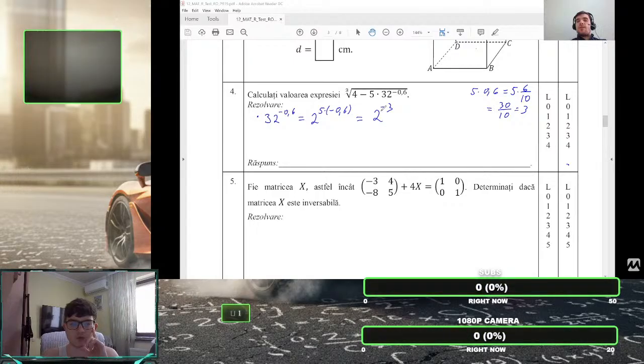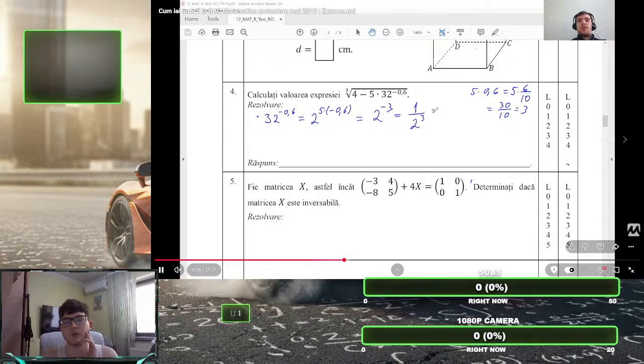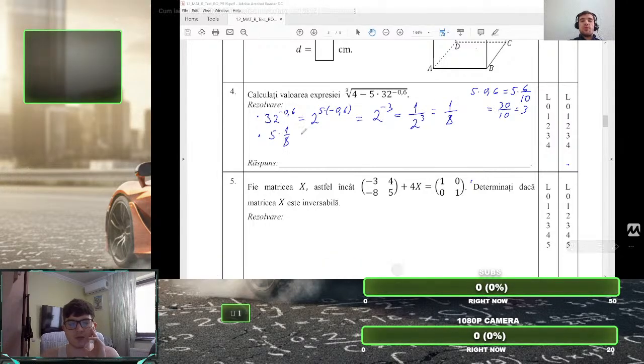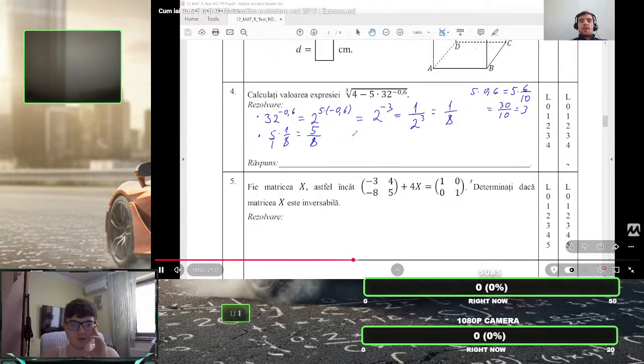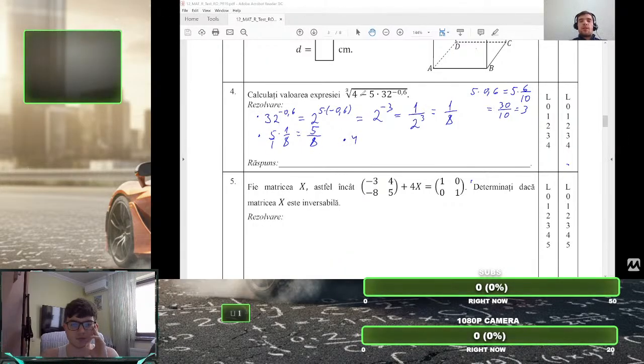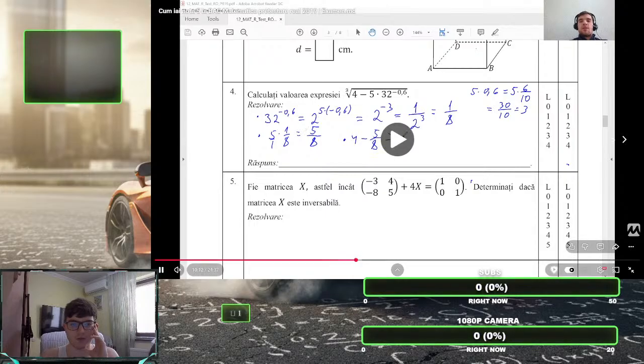And what do you do with a 5 and 4 minus 5 right there? Well, just do that multiplication, and you have 5 divided by 8 right there. And now 4 minus that, you just do that and get the same stuff.